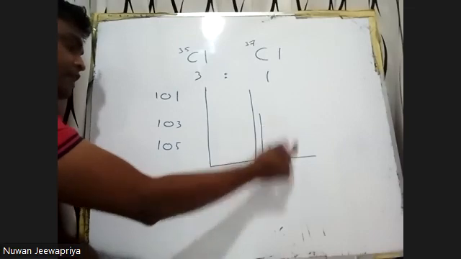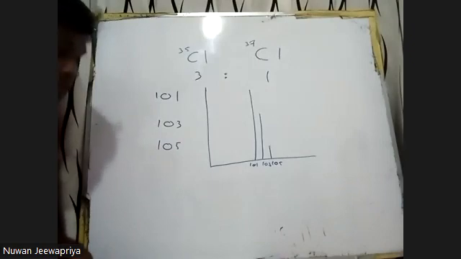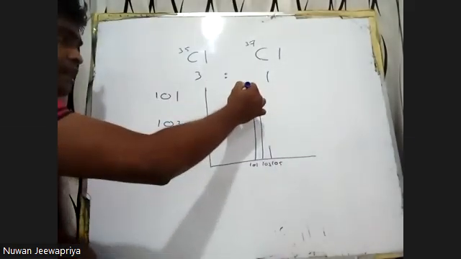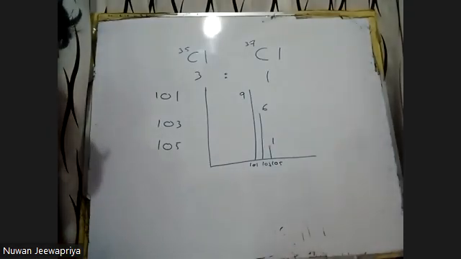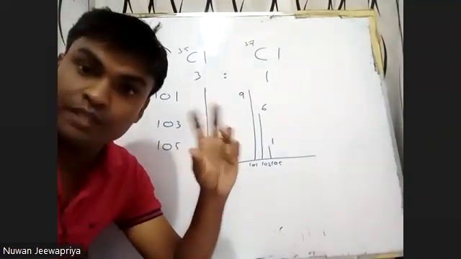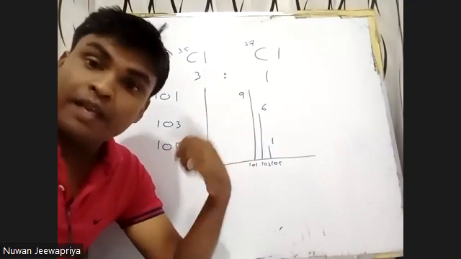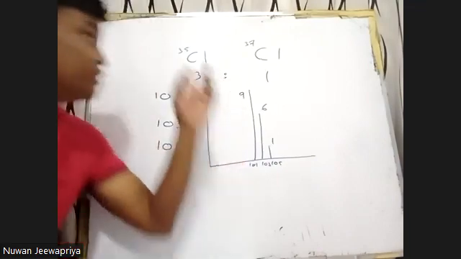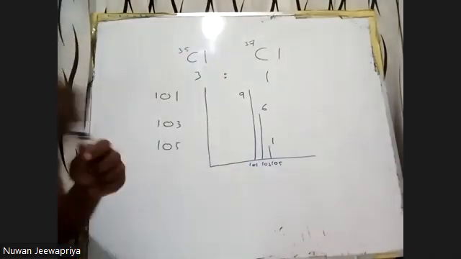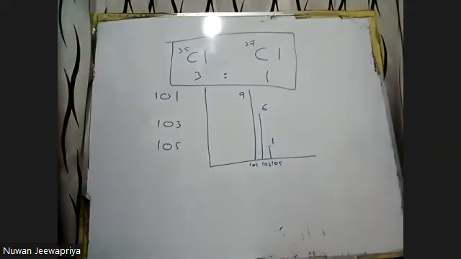The ratio here is roughly 9:6:1. Using this hint, I will explain that the ratio between chlorine 35 and chlorine 37 is 3:1. So how do we approach this question?